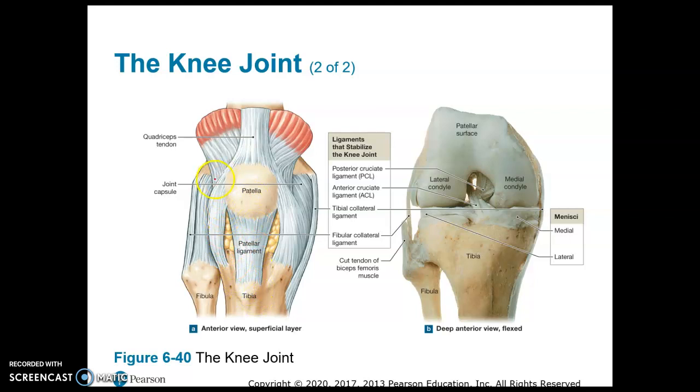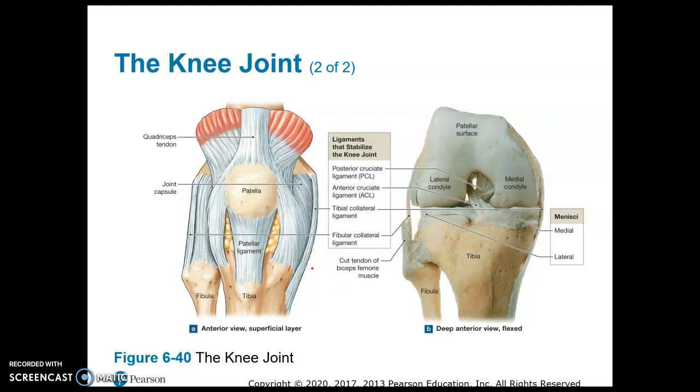And then you have the tibial collateral ligament, which is along the outside, the lateral edges, and the fibular collateral ligament. The fibular collateral ligament attaches to the fibula, and then the tibial attaches to the tibia, attaching the fibula to the femur and the tibia to the femur.